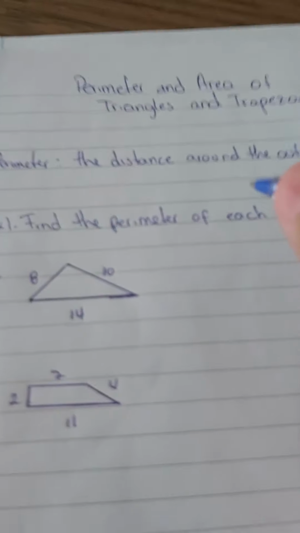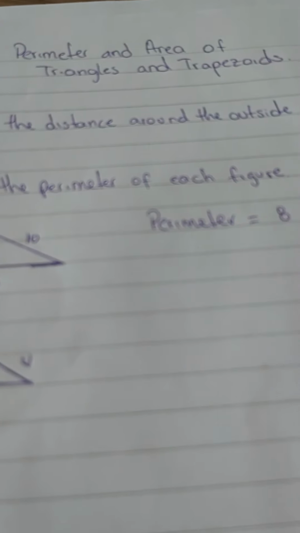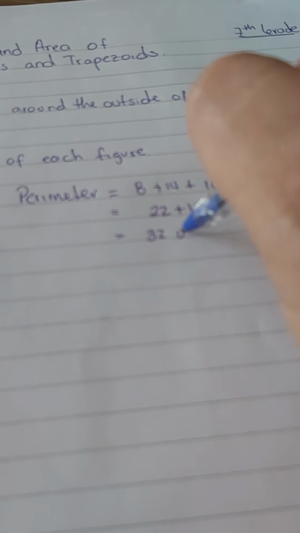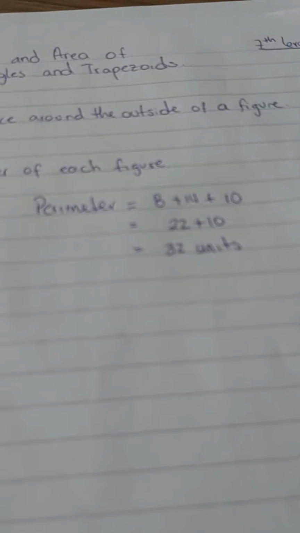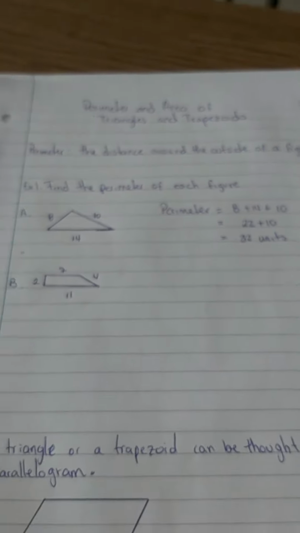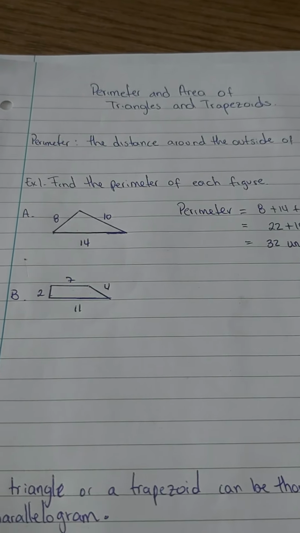So, perimeter is equal to 8 plus 14 plus 10. 8 plus 14, that's 22, plus 10, that's equal to 32 units. Okay, that would be the perimeter of the triangle with measures 8, 10, and 14.